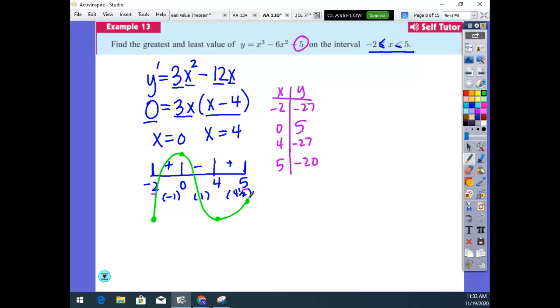So we see the greatest and least values. My greatest value is 5, and my least value is -27. So you could say the greatest value occurs when x equals 0, and the least value occurs when x is -2 and 4. But if it just wants the values, the values are y values.